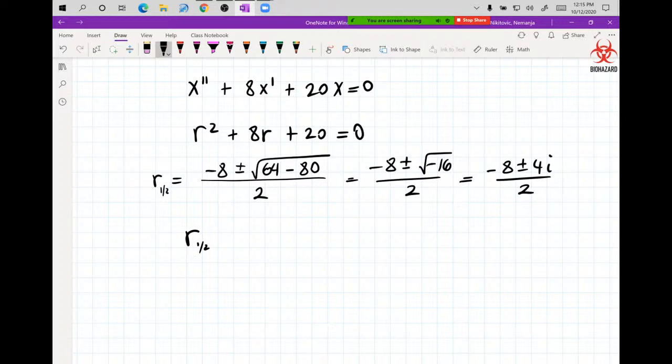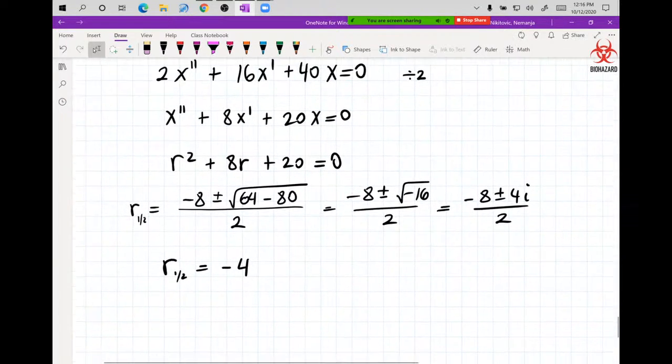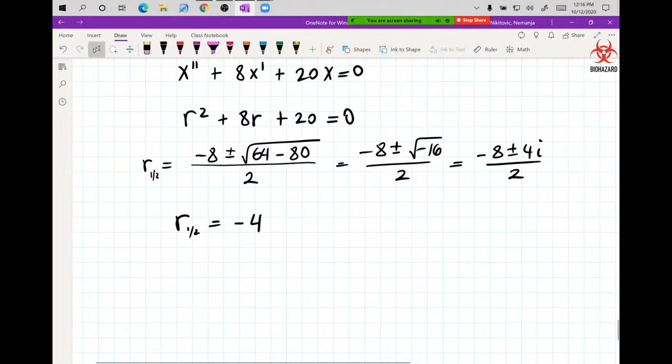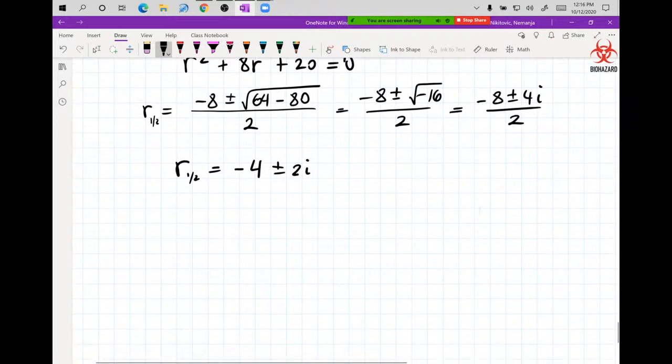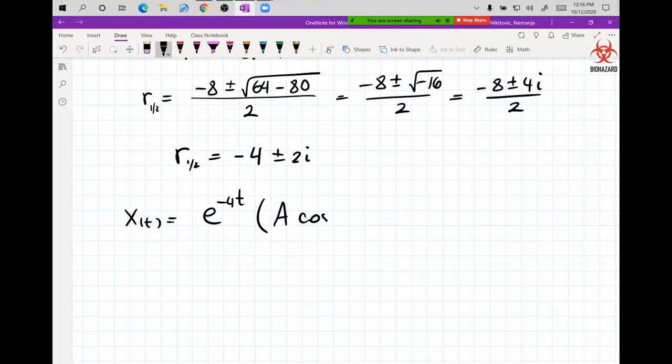That gives me the r's to be negative 4 plus or minus 2i. There's the e part. There is the omega part for my solution. So my x of t is e to the negative 4t times (a cosine 2t plus b sine 2t).